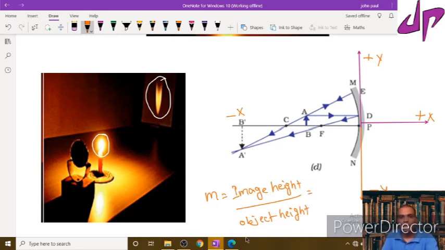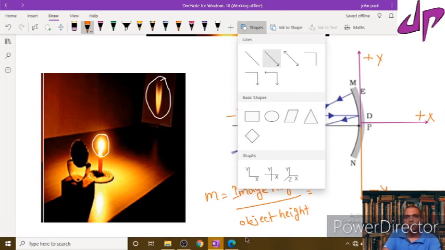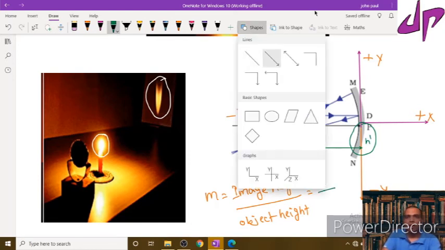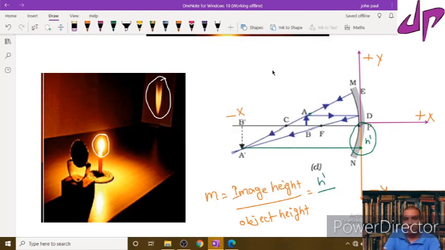So how will you measure the image height? From the origin we can measure, from here to there. This is the height of the image, which we represent as h dash. Divided by the height of the object, which we measure from here to there along the positive y-axis, and we represent that as h.